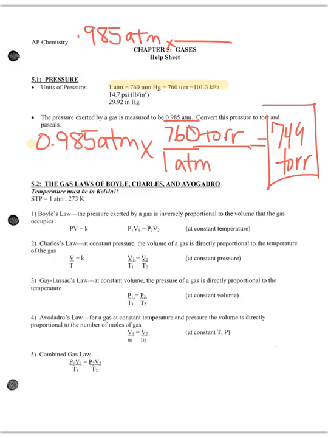Since we want our answer in pascals, I'm going to put the 101.3 kPa on top. And then the 1 atm goes on the bottom.